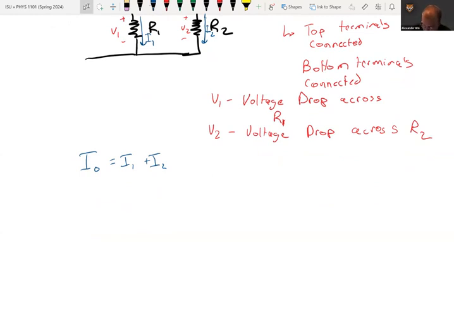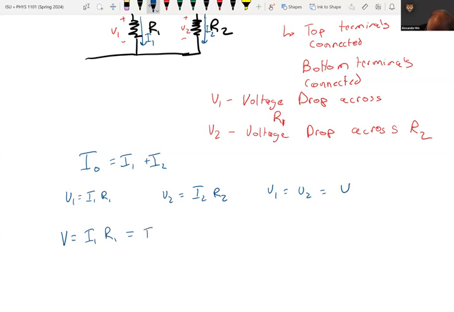All right. And now what we have is V1 equals I1 R1, and V2 equals I2 R2. But V1 equals V2, and I'm just going to call that V. So V is equal to I1 R1, but it's also equal to I2 R2.